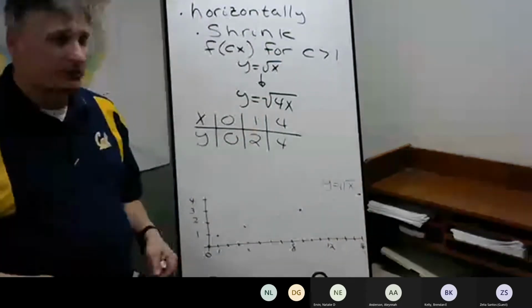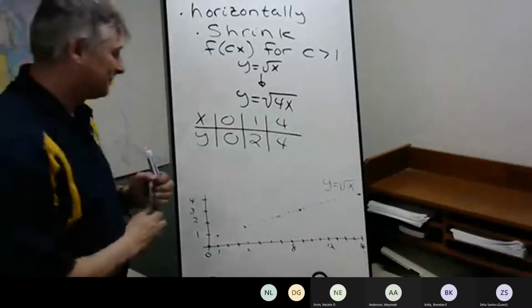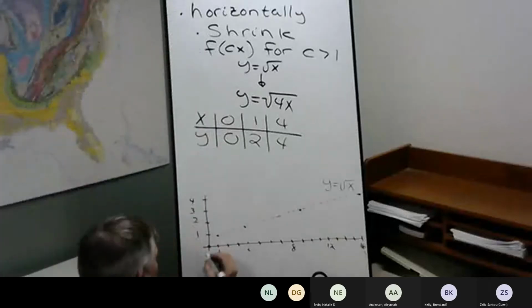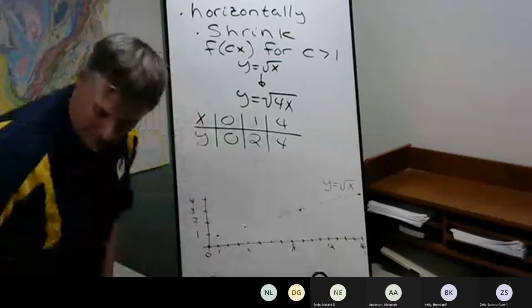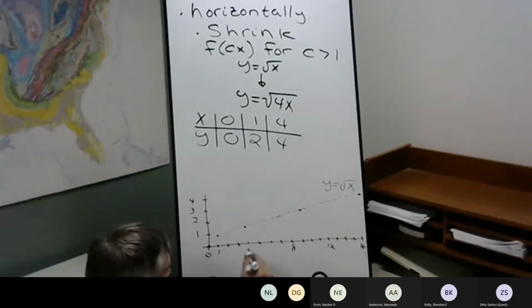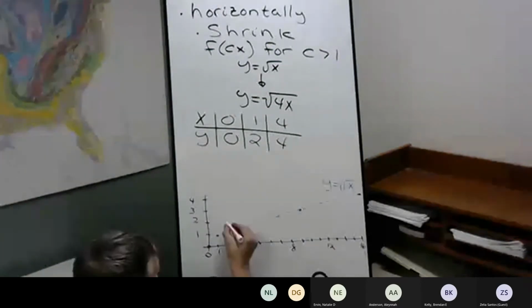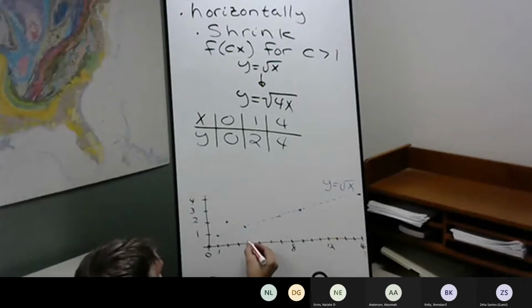So that's y equals square root of x. Now, y equals square root of 4x. We have (1, 2). And then we have (4, 4).